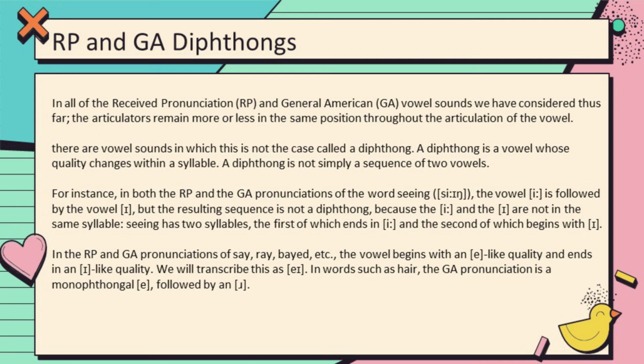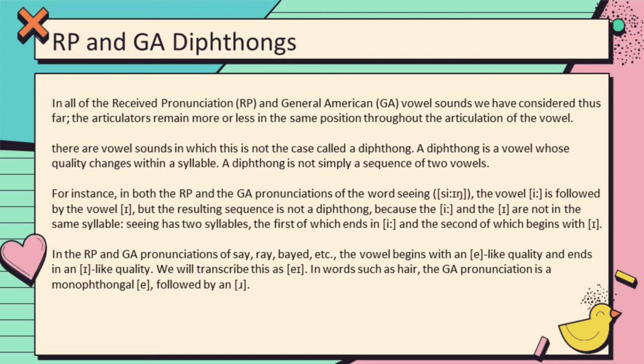A diphthong is not simply a sequence of two vowels. For instance, in both the RP and GA pronunciation of the word sing, the vowel is followed by the consonant, but the resulting sequence is not a diphthong because they are not in the same syllable. Singer has two syllables, the first of which ends in one sound and the second of which begins with another.